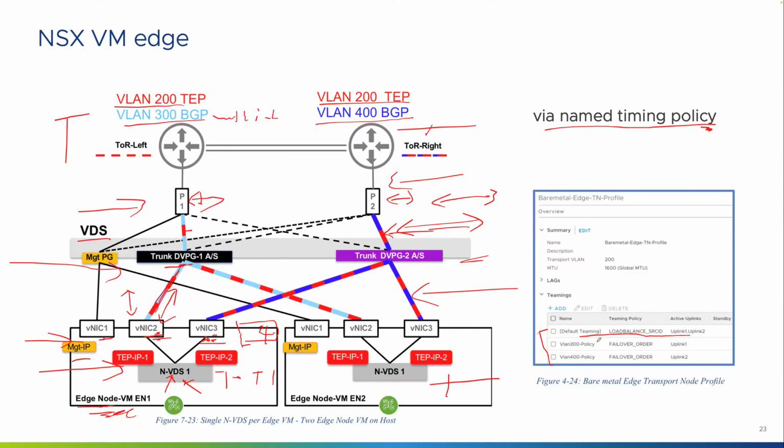We also have two named teaming policies for VLAN 300 and VLAN 400, which are two VLAN-based uplinks.